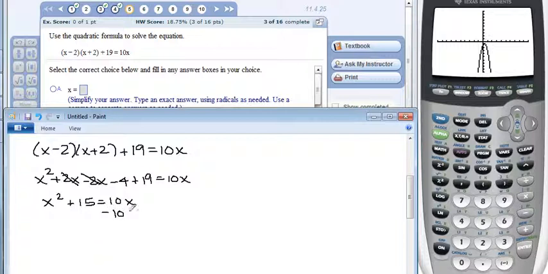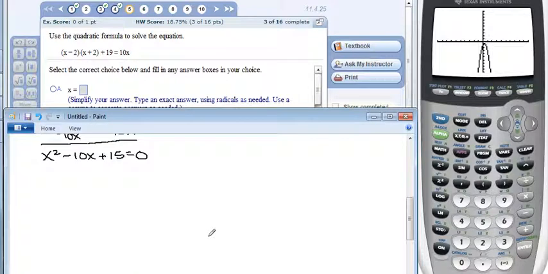So I'm going to subtract my 10x across, and that's standard. Is it not? It is. We have a equal to 1, b equal to negative 10, and c equal to 15.